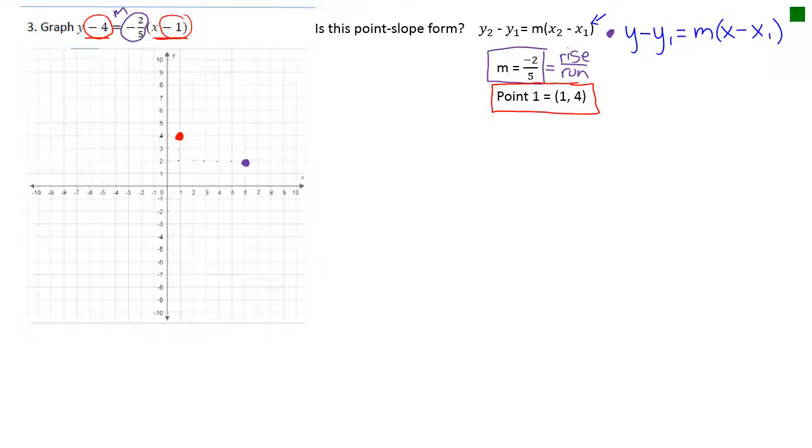And we can plot a point there. From here then, we have our 2 points. We can take a straight edge and connect those points, making sure you are drawing a line so it has the arrows at the end.